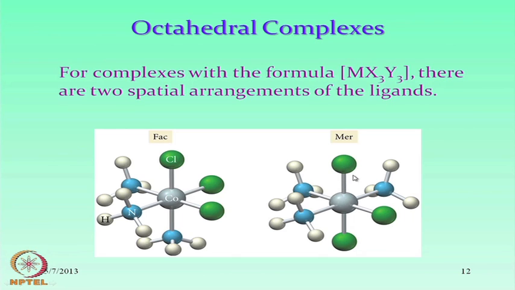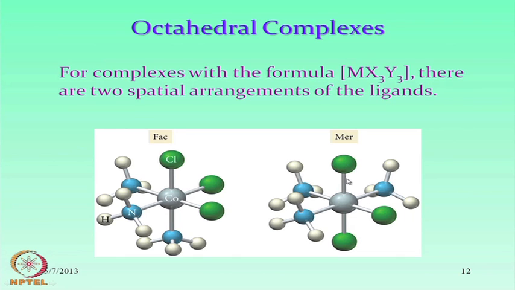So, in the meridional isomer, two groups, which is also true for the binding of the ammonia, these two ammonia groups are diagonally opposite, that means the N-Co-N bond angle is 180 degrees. So, we get the corresponding meridional isomer.